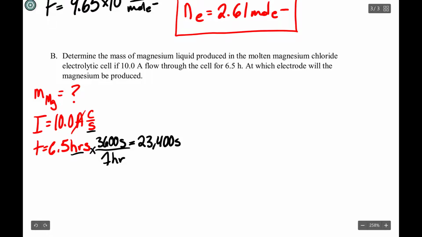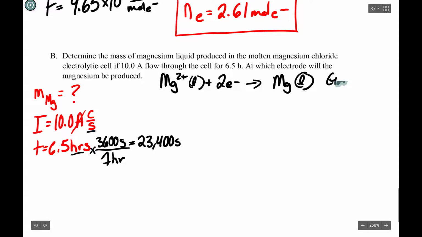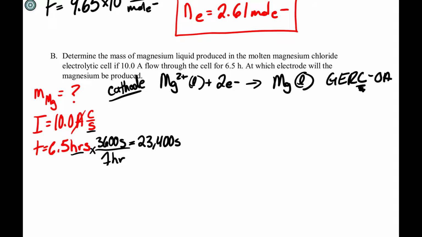Now, up at the top, we know that magnesium 2+ gained 2 electrons to become magnesium liquid. So this is gaining electrons: reduction, cathode, oxidizing agent. So I know that this is at the cathode. Now, how this half reaction helps me as well is it gives me my mole ratio.